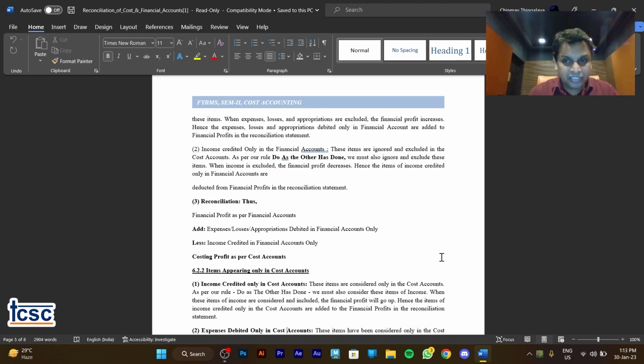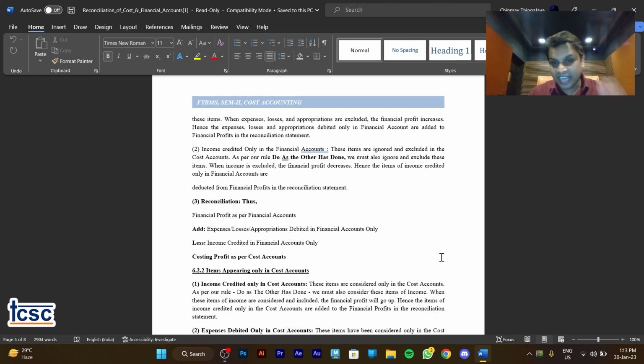And when there is no deviation, that item will not appear in the reconciliation statement, because we prepare the reconciliation statement only with the expenses which are not common, or only with the incomes which are not common. If one item appears in both books with the same amount, for example rent, in financial accounting 5,000, in cost accounting also 5,000, same figure, no deviation.